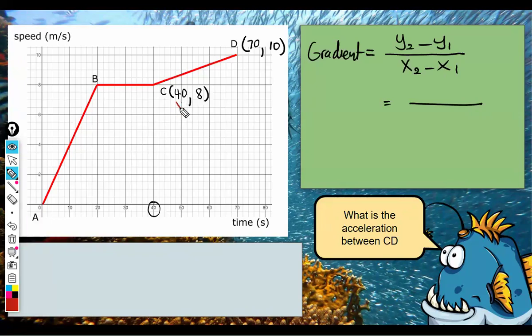Call the first one X1 and Y1. Next one is X2 and Y2. All right, so it's 10 minus 8 and then 70 minus 40. I think we're getting 2 over 30, which is 1 over 15 meters per second squared. Right, check it back. It's definitely not 2/3. It's 1 over 15.